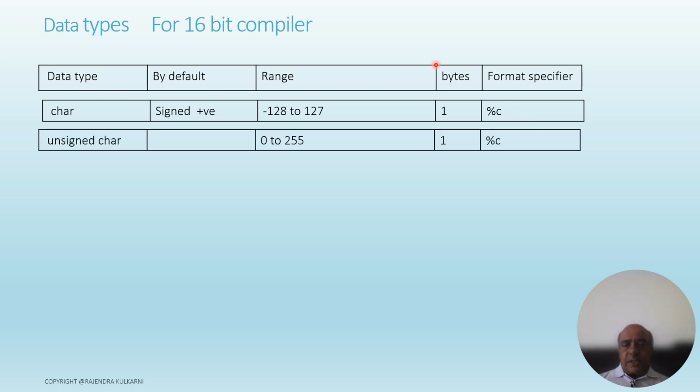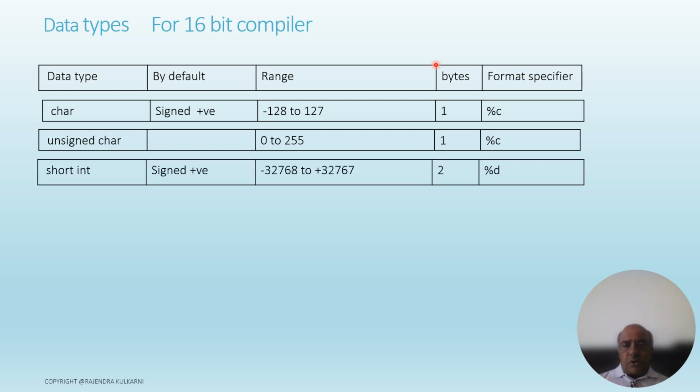Then unsigned char has a range 0 to 255, only 1 byte, and format specifier is %c.